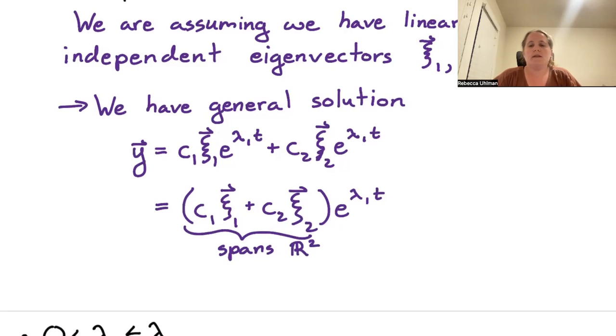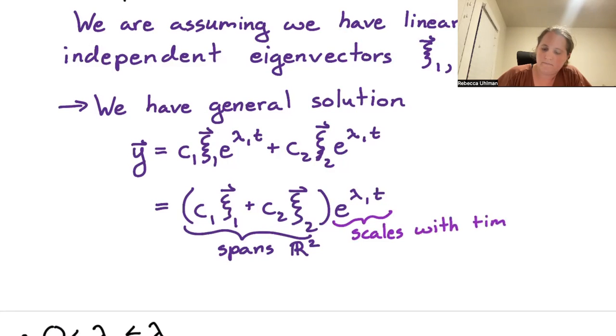And then e to the lambda 1t is just acting as a scalar, so it scales with time. Since lambda 1 is greater than 0, the scalar is increasing as time passes.